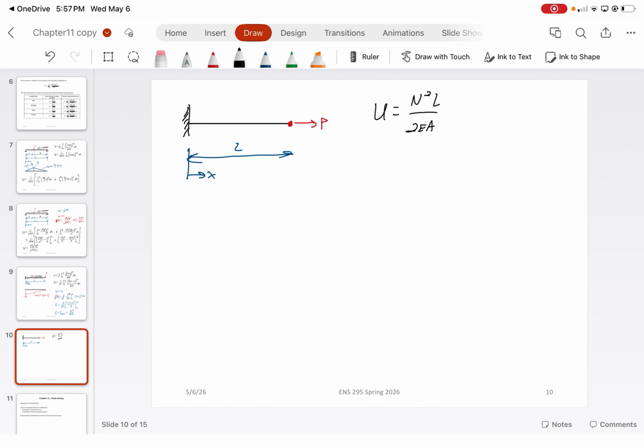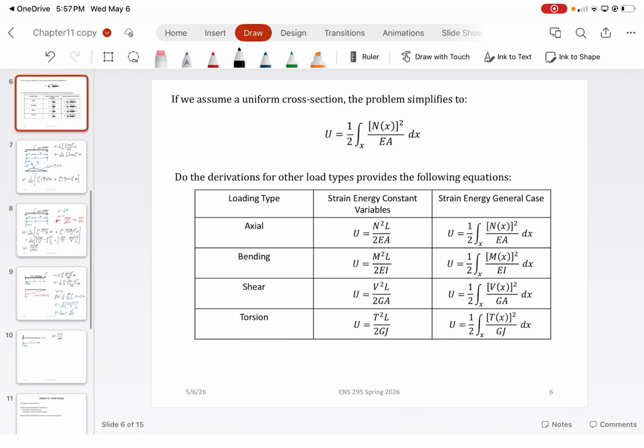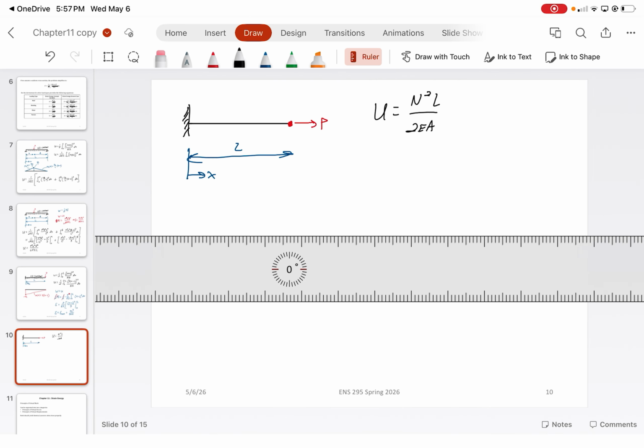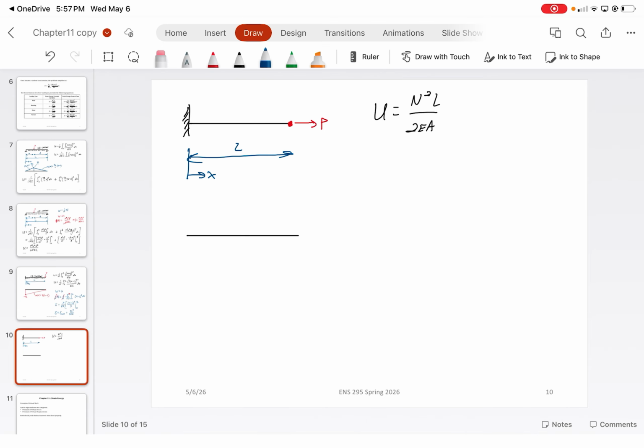Now, this case becomes very simple because if we were to draw N of x, so that's our diagram, our N of x term is just going to be constant at P, which means that basically N is equal to P. So because N of x is a constant P, the equation simplifies to just N squared L over 2EA.